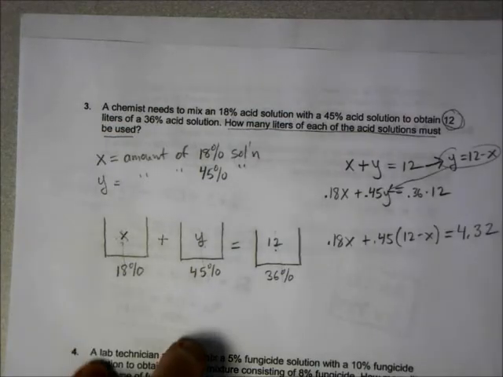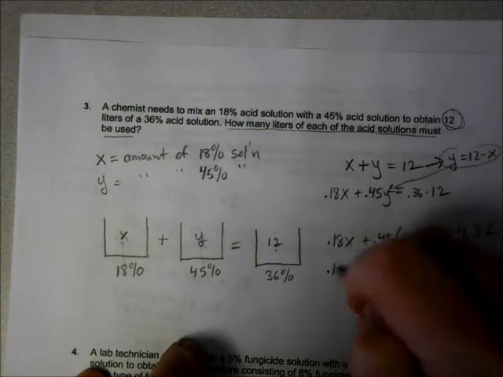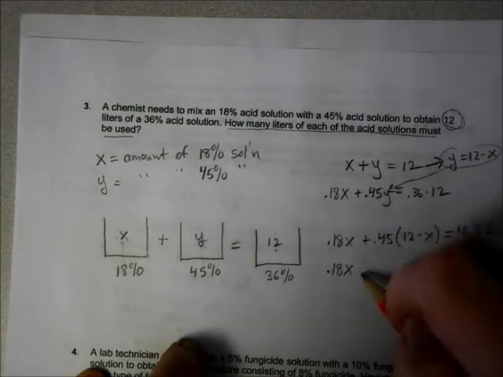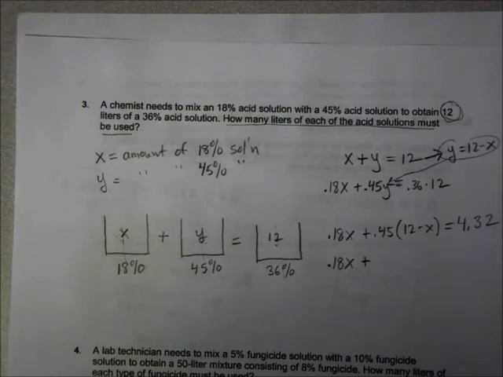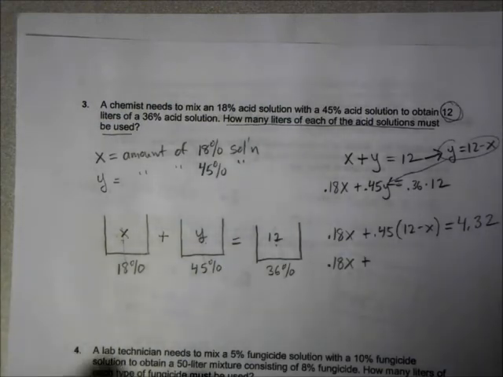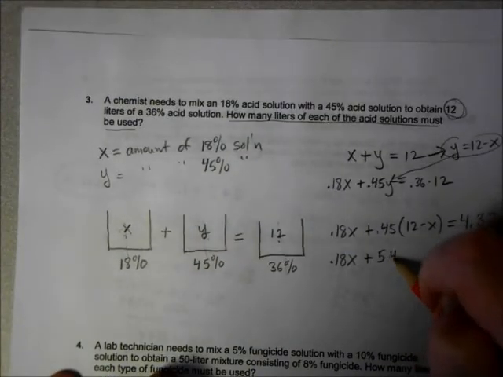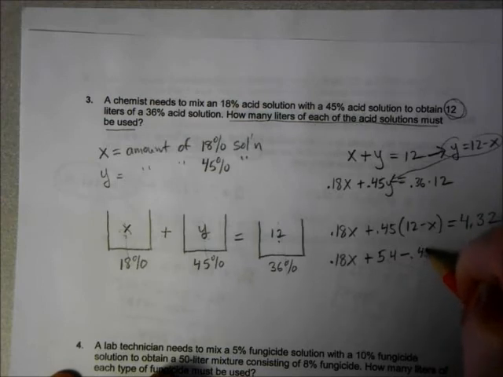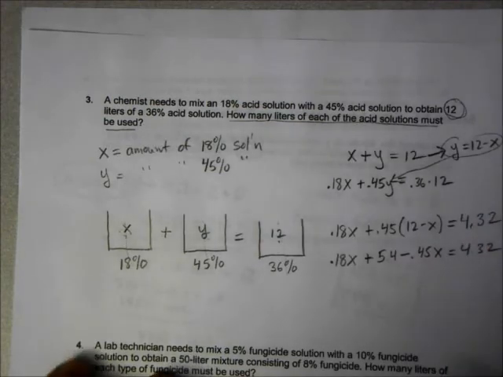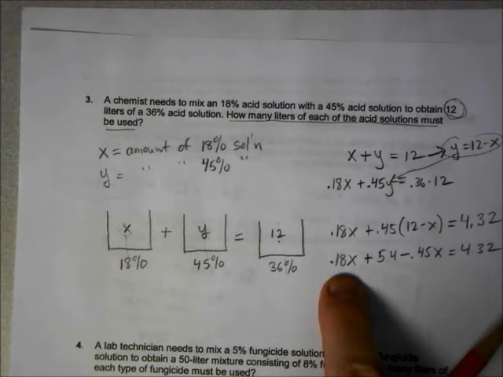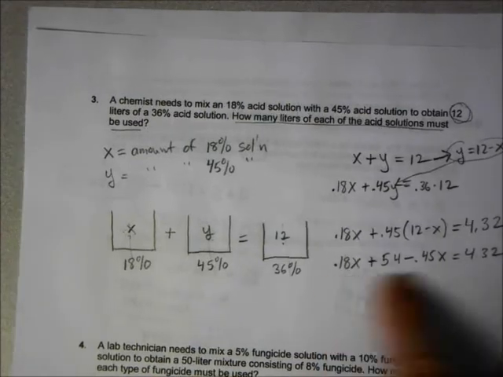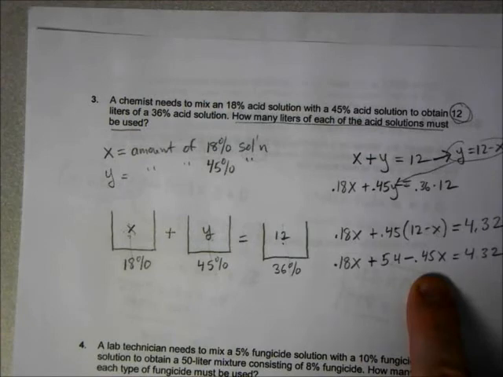We're going to have a lot of decimals in this problem, but that's not really a big deal because we're going to use our calculator to handle all those decimals. 0.18x plus 0.45 times 12 is 5.4 minus 0.45x equals 4.32. Combine my like terms, 0.18x minus 0.45x.